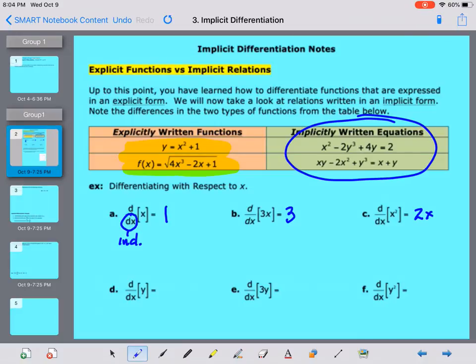But here's the difference. The variable in our denominator of our notation d over dx matches the variable in the problem. That means my derivative process is pretty easy. That means we really don't have what we consider to be an inside function, because x on its own is not really a function. It takes a y and an x to become a function. When we think about the derivative of y with respect to x, we've been writing this as dy dx.